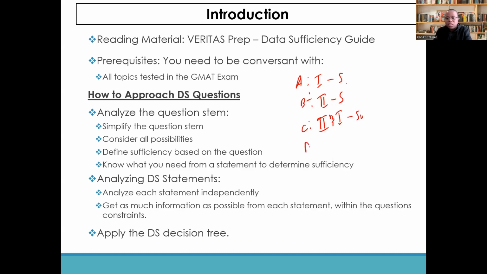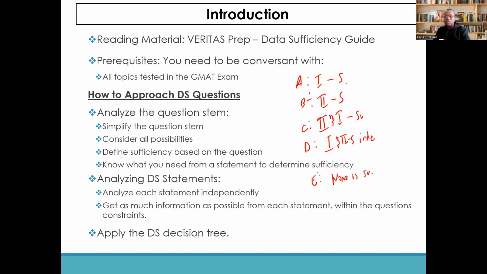D is that one and two are each sufficient independently, which means one on its own is sufficient and two on its own is sufficient. And then E, which is that neither of them is sufficient, even if you combine them. So none is sufficient.